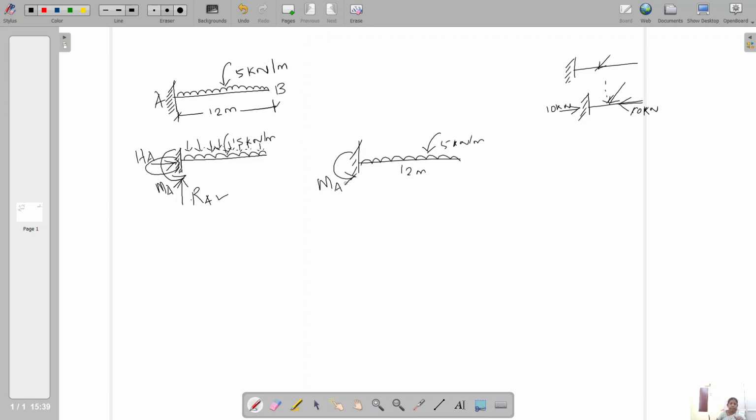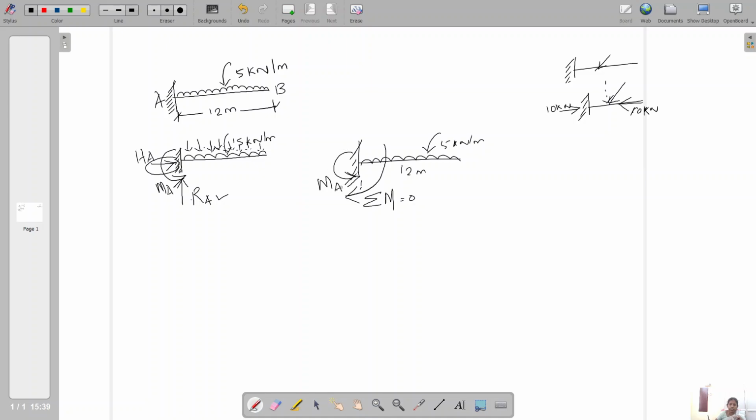So I am going to write the moment equation at A to get the value of moment. What is the moment equilibrium equation? Summation of moment equal to 0. That is the moment equilibrium equation. Here I am going to draw the direction of force as well.